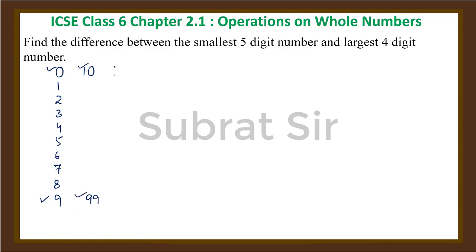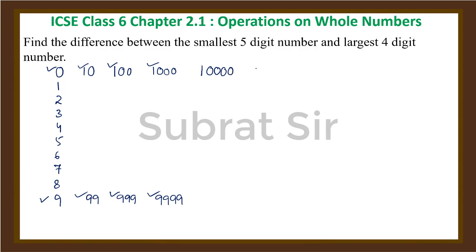Like this, the 3-digit smallest number is 100 and the largest is 999. Then the 4-digit smallest number is 1000 and the largest is 9999. If we follow the pattern, the smallest 5-digit number means 1 and 4 zeros.